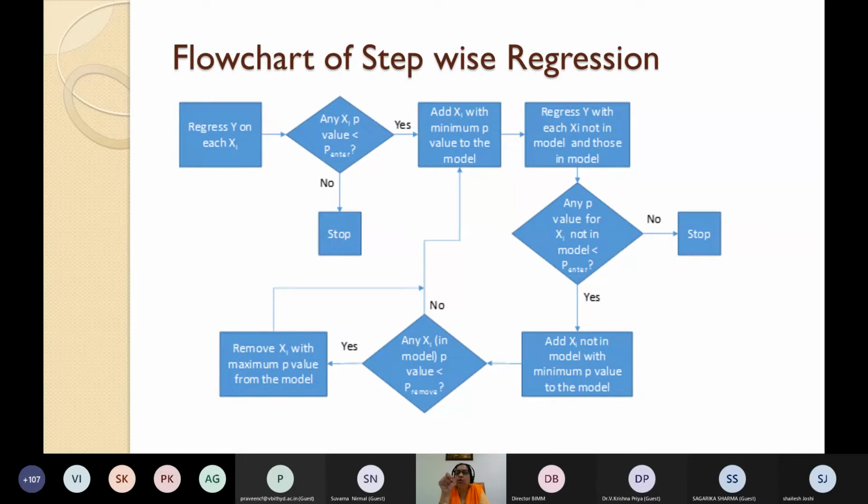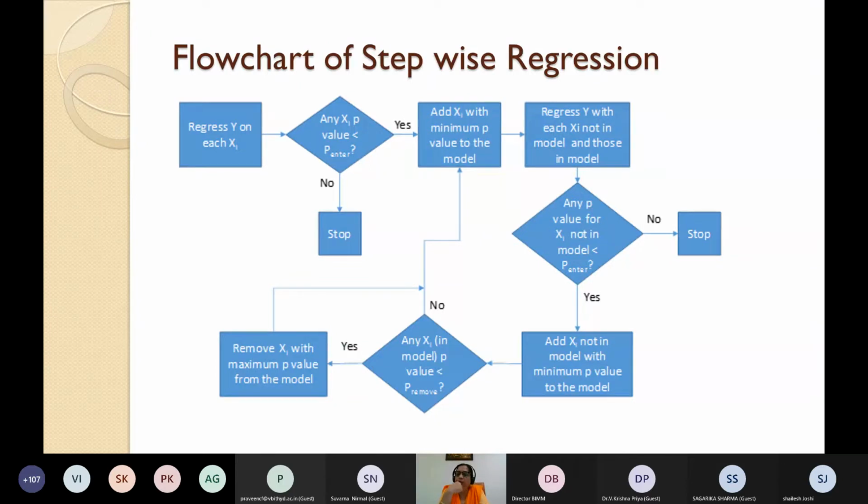Now again you regress the model with the xi not in the model and those in the model. So again you will get some value of t, some value of p, and some value of adjusted R square. Now, is any other p value for an xi which is not in the model lesser than the p values already in the equation?